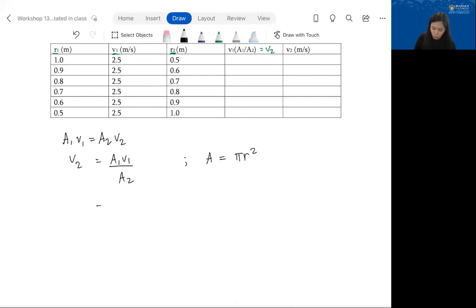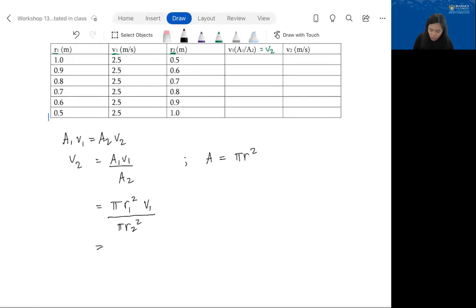We can assume the pipe is cylindrical, and therefore its cross-sectional area is a circle whose area is pi r squared. So that will be pi r1 squared for area 1 times V1, and then in area 2 you have pi R2 squared. So notice that you have pi divided by pi, which is essentially 1.